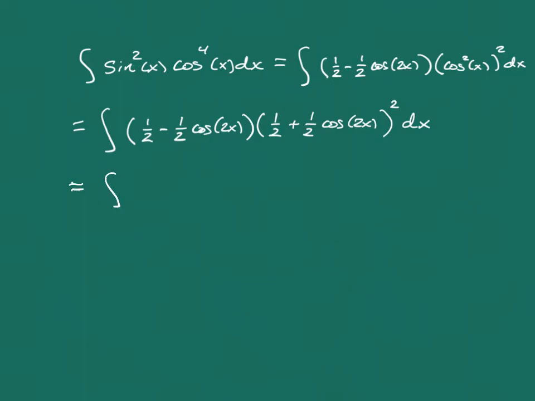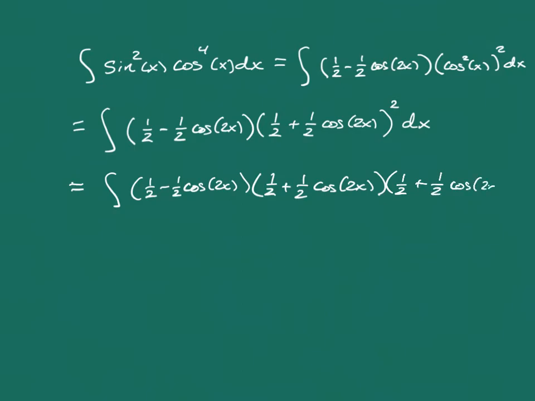we've got a 1/2 minus 1/2 cosine of 2x, a 1/2 plus a 1/2 cosine of 2x. And we've got two of those, so we've got a 1/2 plus a 1/2 cosine of 2x dx.